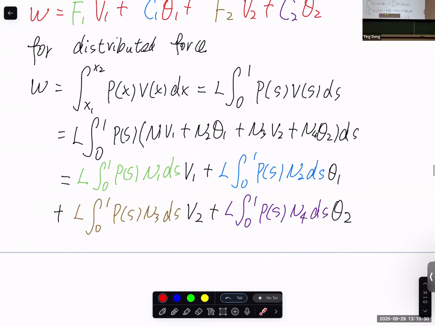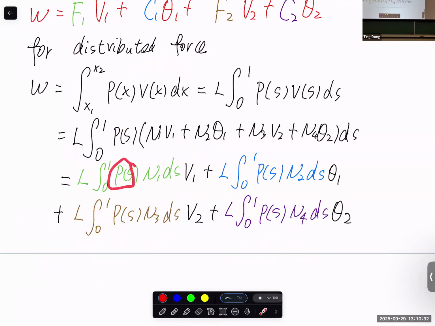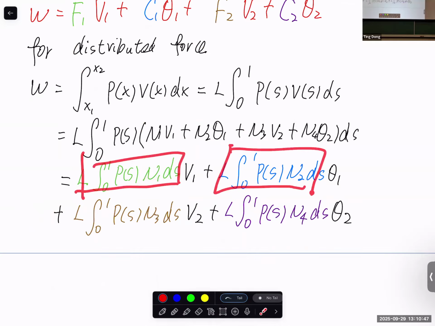So basically, for that linear distributed force, you need to write the expression P as a function of S. Then the shape functions N1, N2, N3, N4 were given in the previous class. So you need to calculate these 4 components, and you are done. Make sense or not?